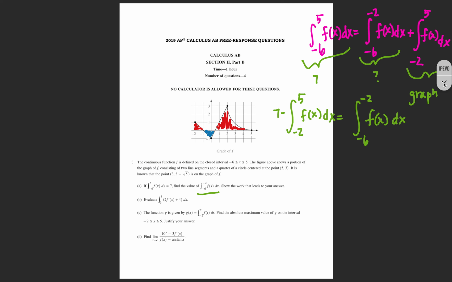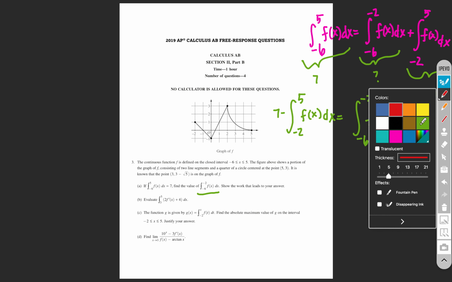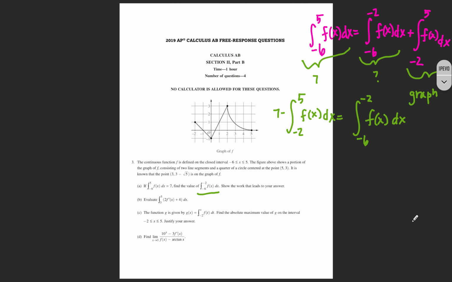Now let's look closer at each of those pieces and see if we can figure out the exact area under the curve. Let me use orange. For this piece, from -2 to -1, the area under that curve is in the shape of a triangle.